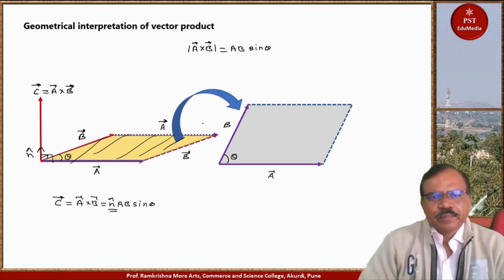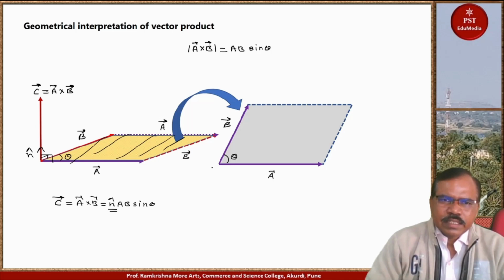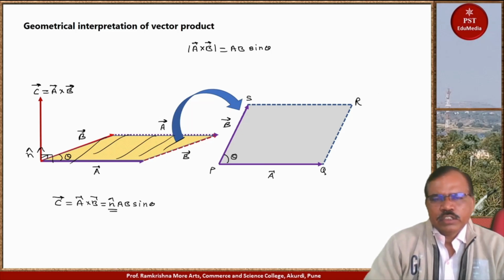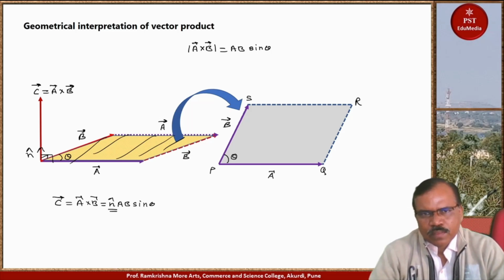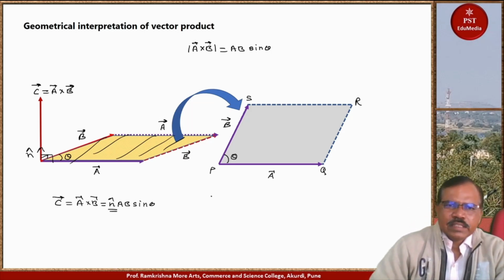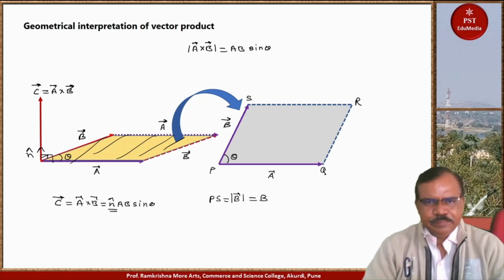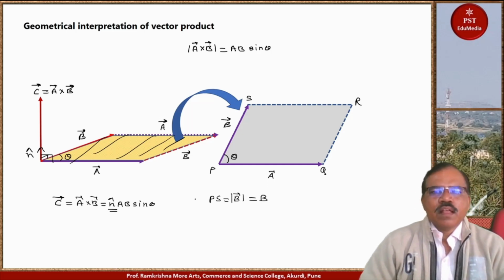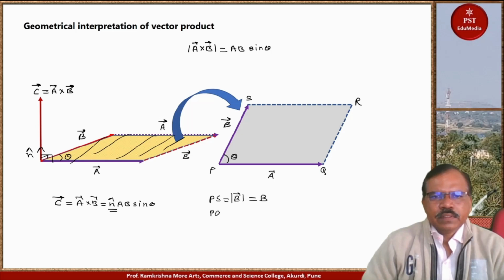Let us take this as PQRS. Now this length PS is nothing but the magnitude of vector B, so I will call this B. PQ length is the magnitude of vector A, so I will call this A.